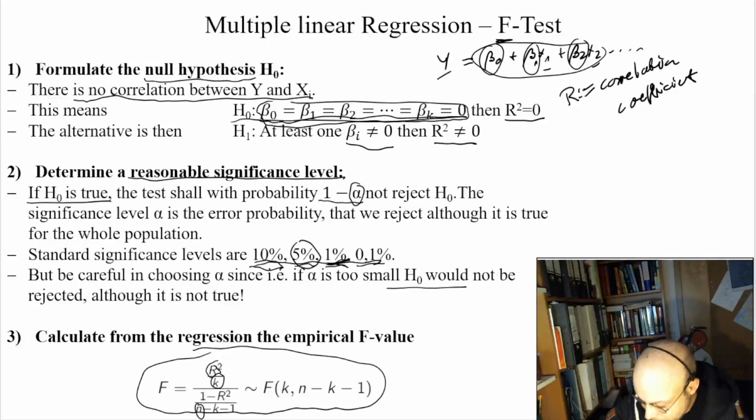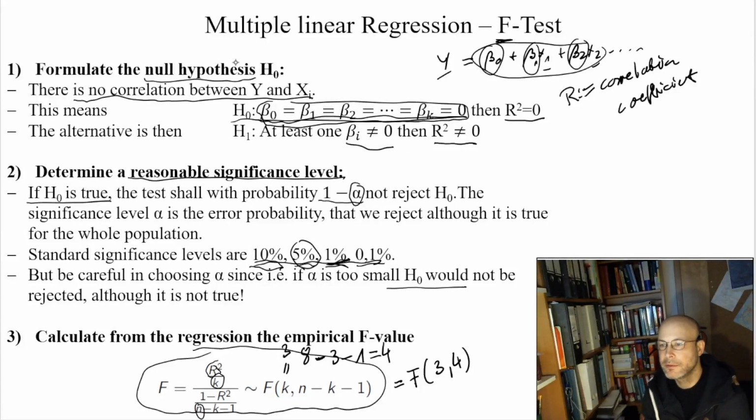So this is in our example 3, 8 minus 3 minus 1 is 4. So we know then in our example that our F value is distributed F3,4.